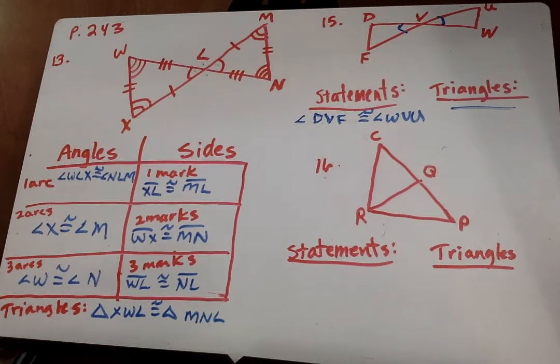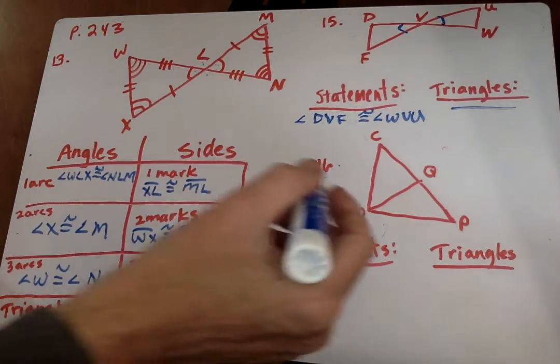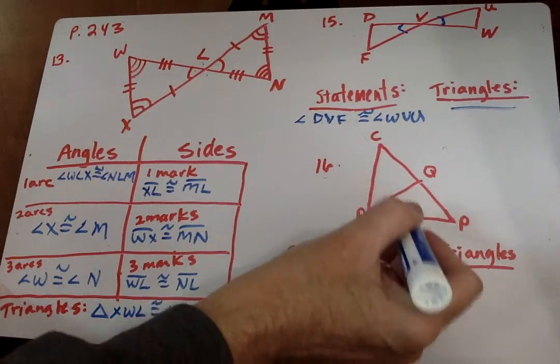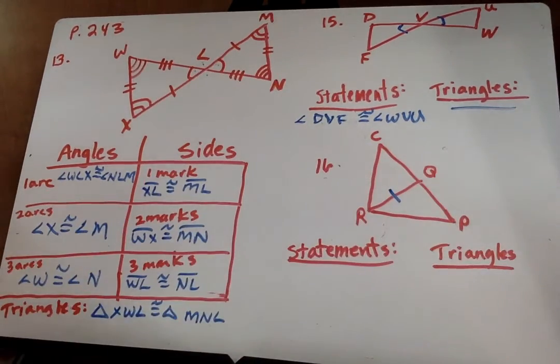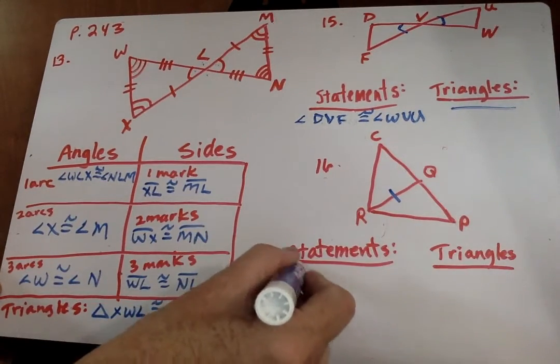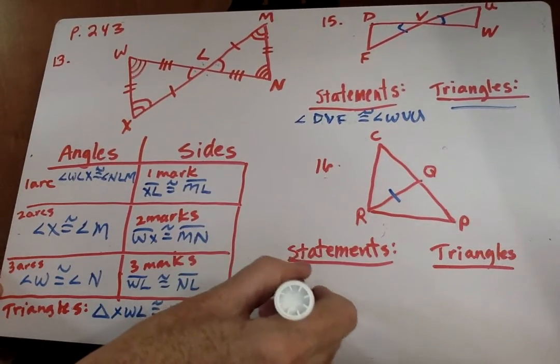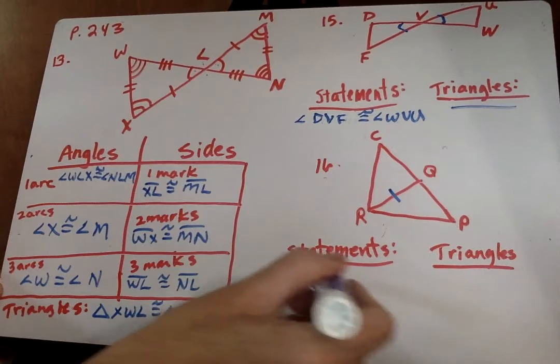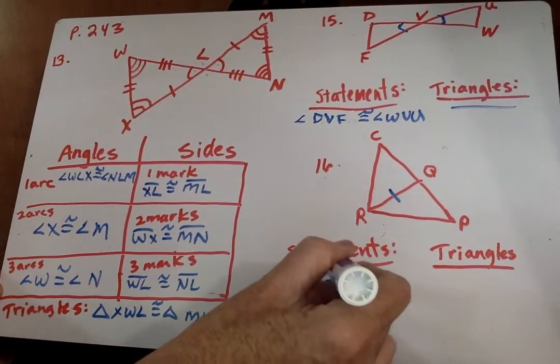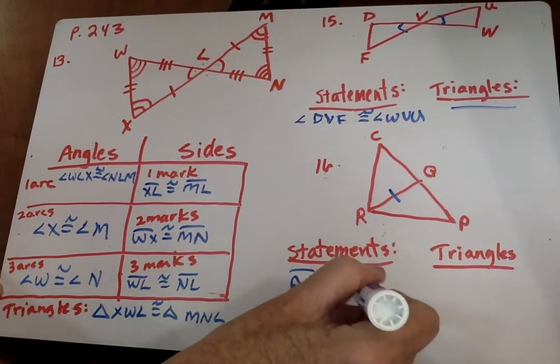Okay, the next one, for 16, we know that RQ is the same in both, so it has to be congruent to itself. So you write RQ, oh, it's going to be line segment RQ, is congruent to RQ.